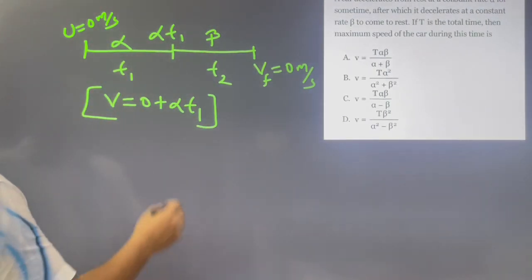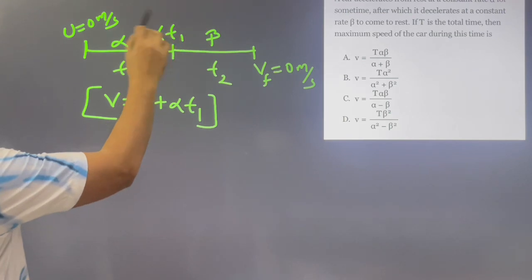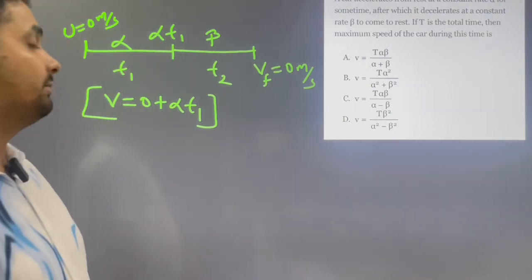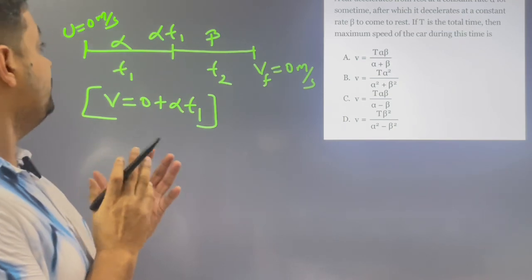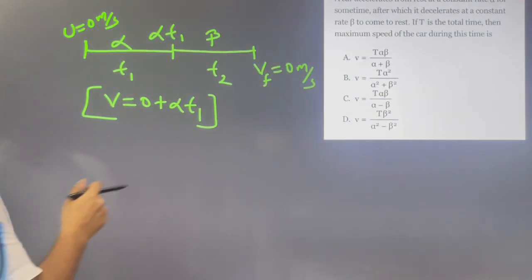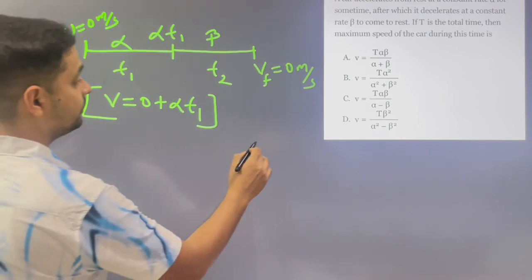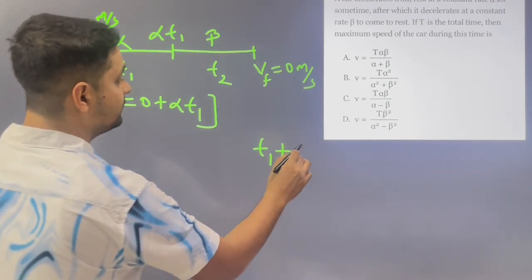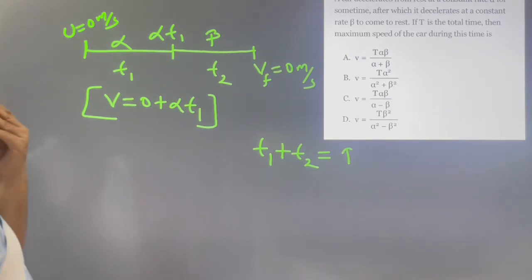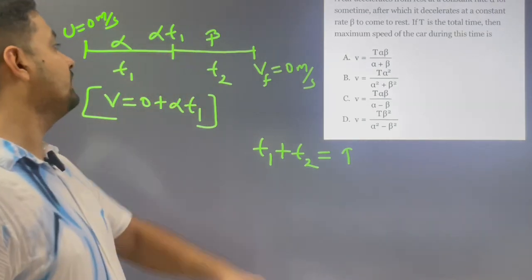So we have to find alpha t1. Alpha we already know; the t1 value we have to find in terms of known quantities. If we find t1, we will get the answer. In the question it is already given that the total time is capital T, so we can write t1 plus t2 is capital T. Now here it starts to retard.